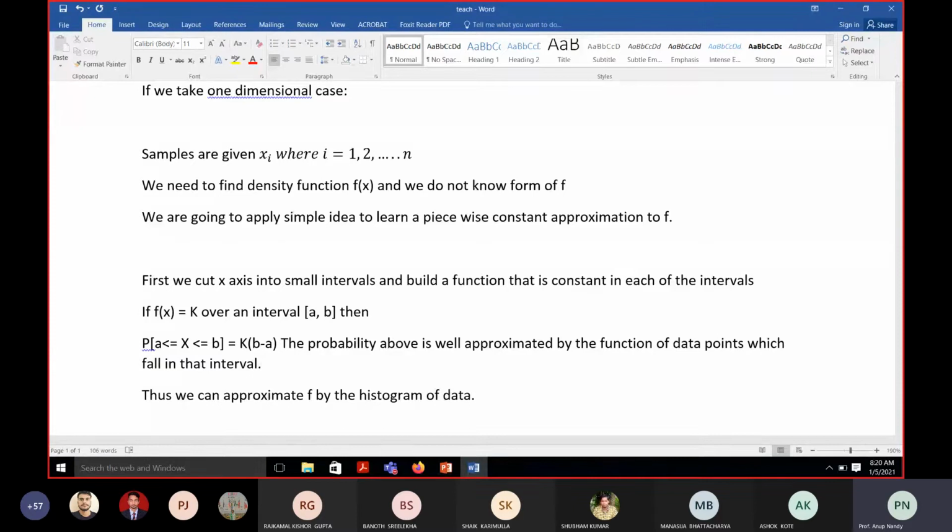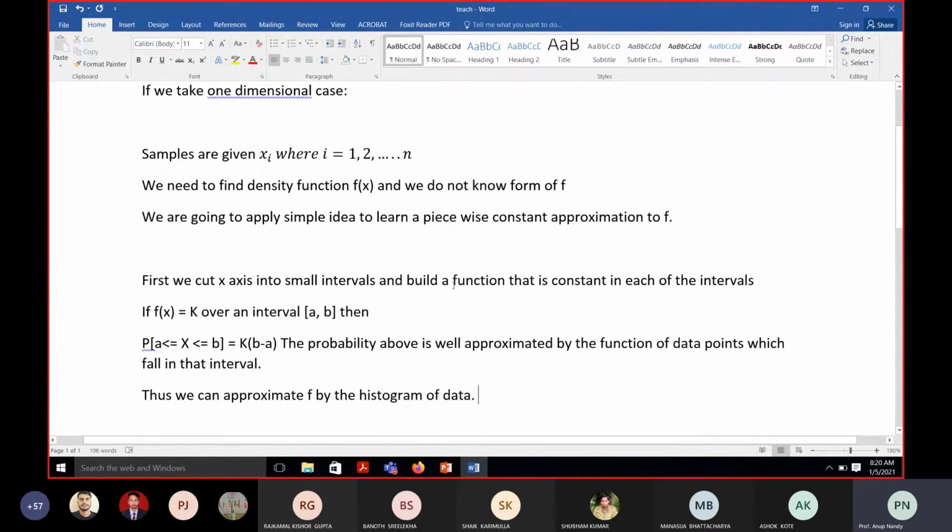If you somehow manage to get the functional form from this data, and the function value is constant for each interval, then f can be approximated by this method, and this method is called the histogram of the data. This is a very simple way of getting the piecewise approximation of a function.